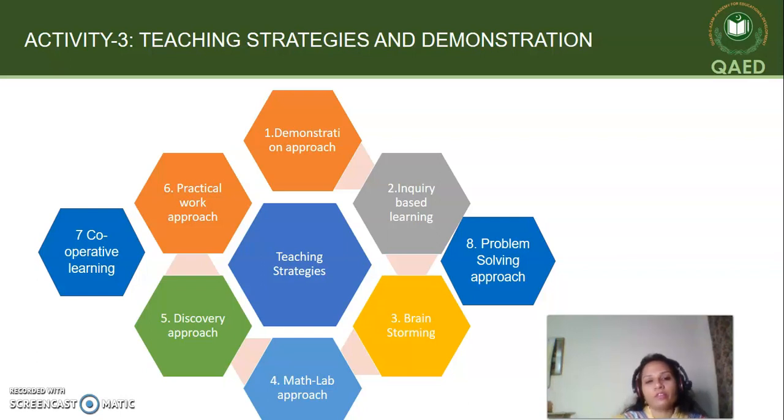Here we have some teaching strategies. These are 8 strategies: demonstration approach, inquiry-based learning, problem-solving approach, brainstorming, math lab approach, discovery approach, cooperative learning, and practical work approach. So let's have a look at these one by one.